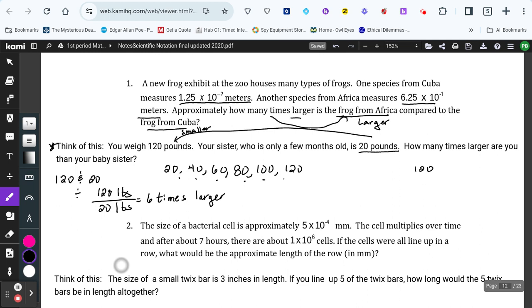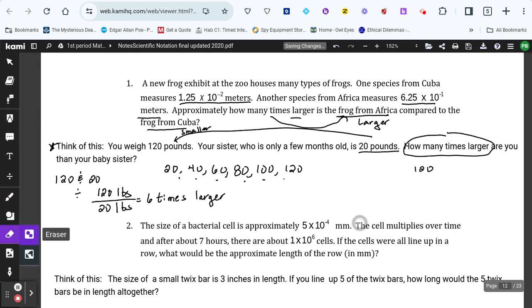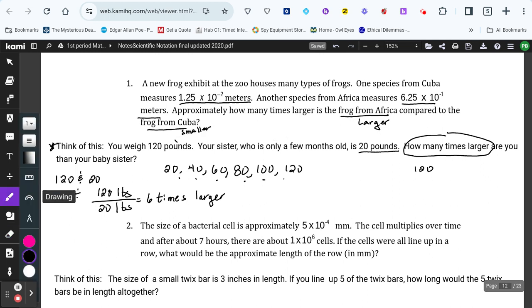So if you divide to figure out how many times larger on this example, you're going to divide to figure out how many times larger on example one. So we should know, anytime you see how many times larger, not how much more, which means subtract, but if it says how many times larger or how many times bigger is something than the other thing, that always means you're going to divide.